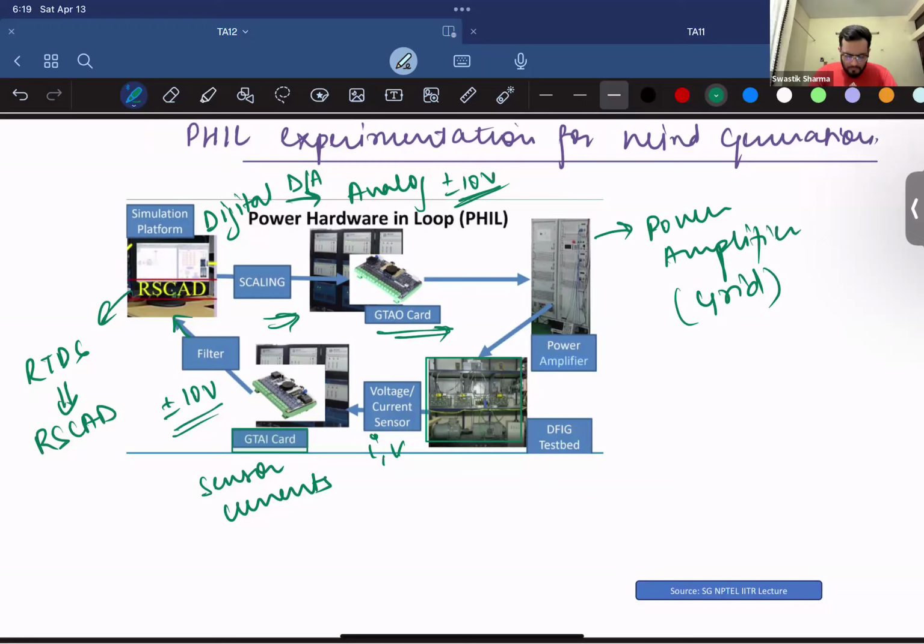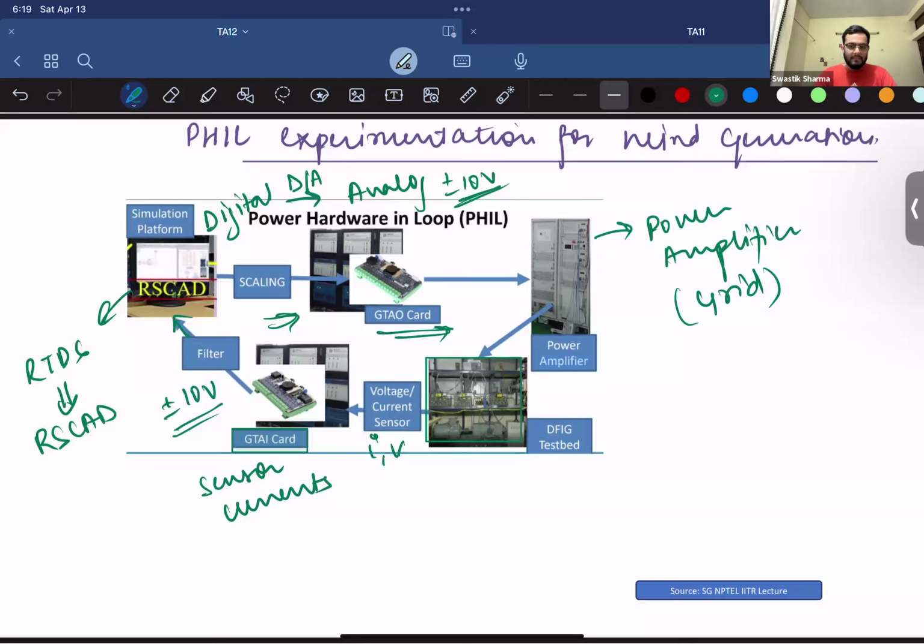So all in all, this is why it's called power hardware in loop, right? You're giving it input, taking the feedback as the output, and feeding it to your original power converters or power systems and power devices. And based on their feedback, you're feeding back the results to the simulation software. Now, this helps you in demonstrating that your product is ready for field deployment.